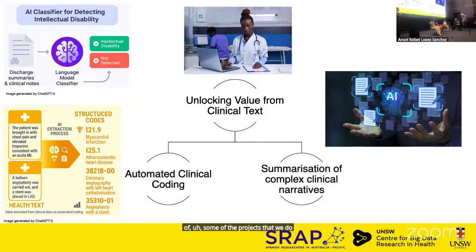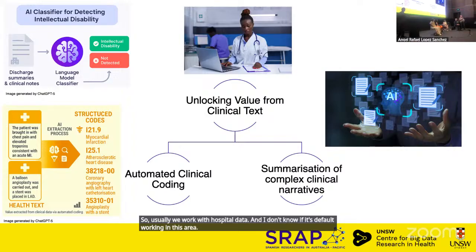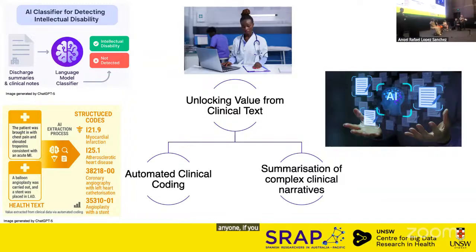The first one, I just put this image of a clinician recording data in hospital. Usually we work with hospital data. Before working in this area, I didn't know that there was so much data behind the scenes. Whenever you go to hospital, there is a huge team of people recording data. Every interaction that you have, not only with the doctor, but nurses, physiotherapists, pharmacists, everyone is recording something in free text.